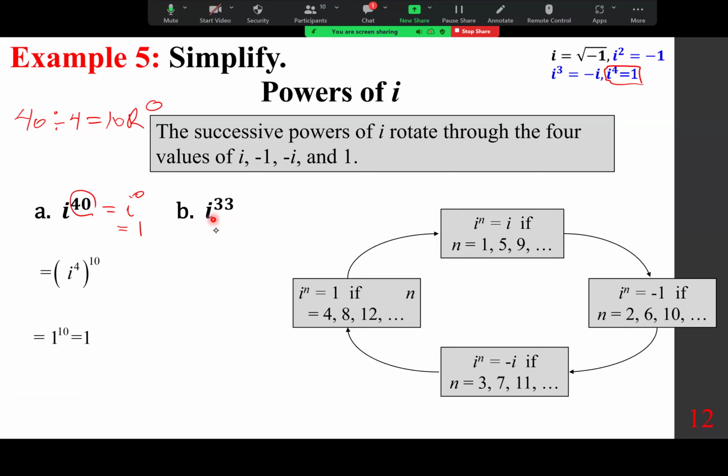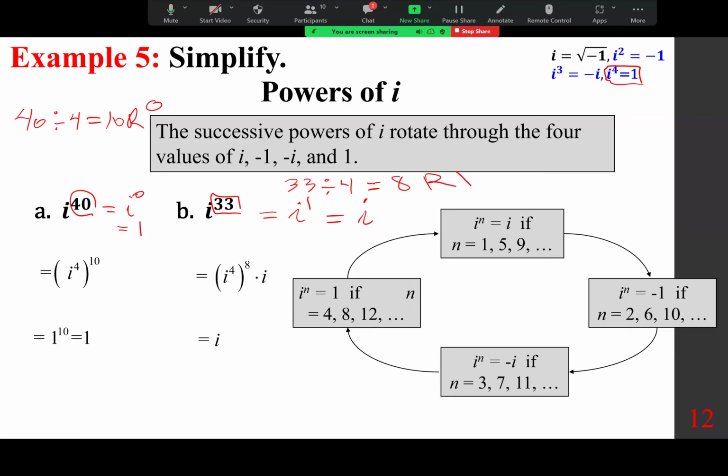If I want to do this, the way I will do that, class, I'm going to look at this number and say, okay, I'm going to divide 33 by 4. I get 8. 8 times 4 is 32, with the remainder 1. Therefore, this is I to the power of the remainder, or I. This is the way I do that. Or you can say I to the power of 4 is 1. 1 to the power of 8 is still 1 times I, and it's I.